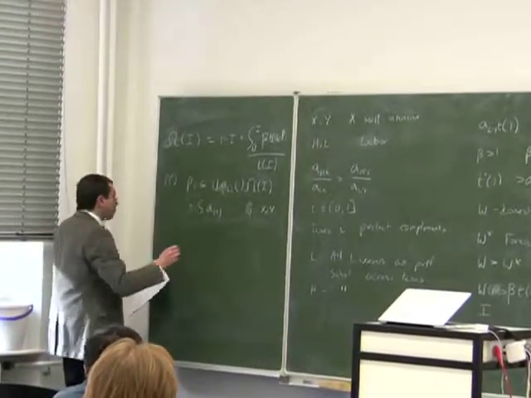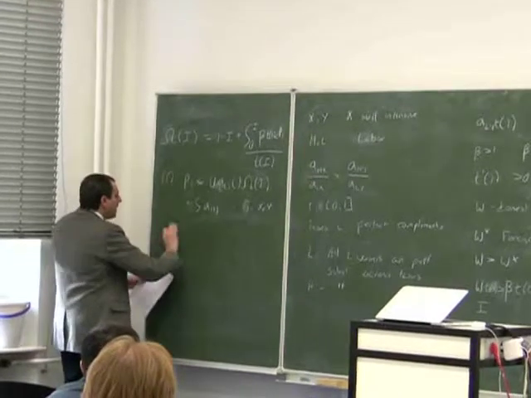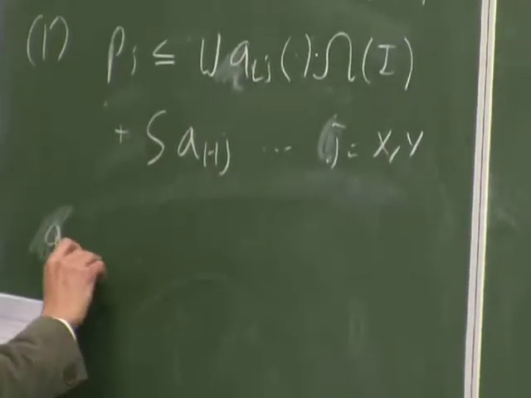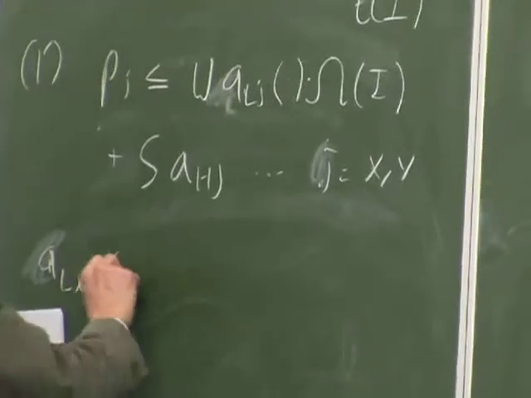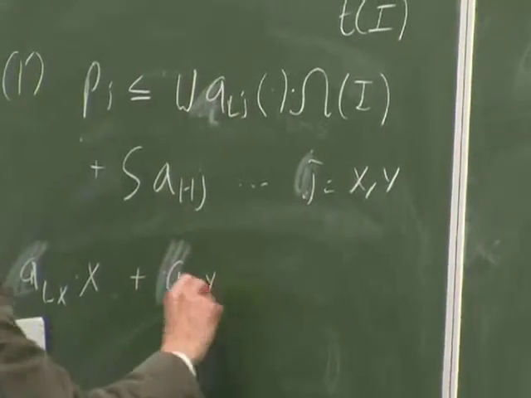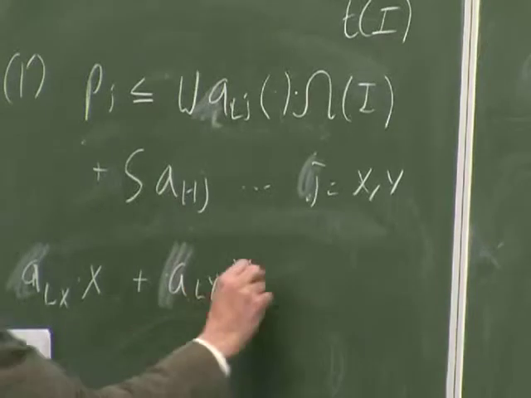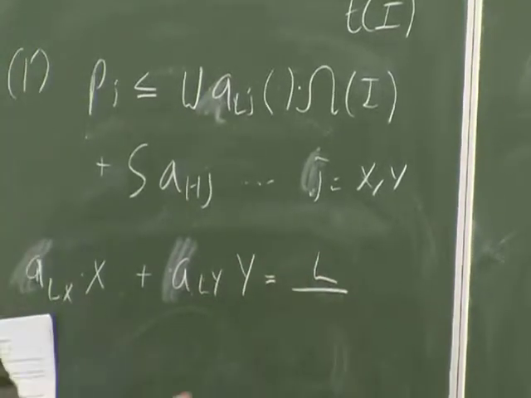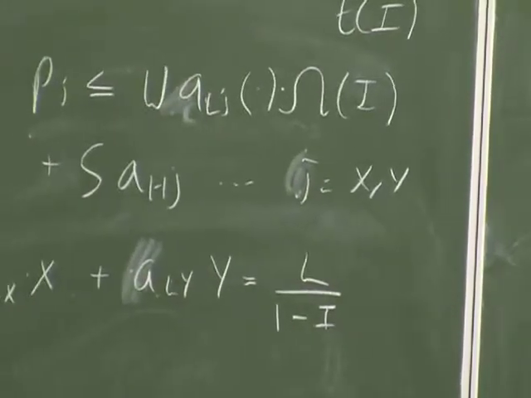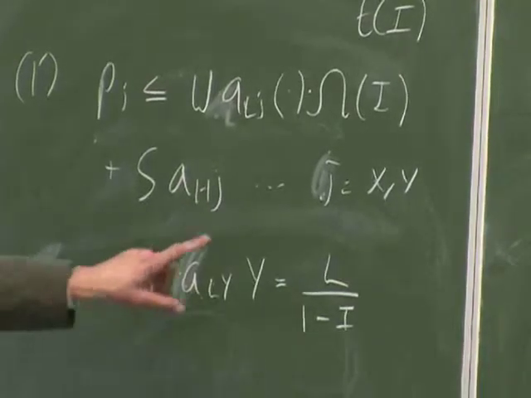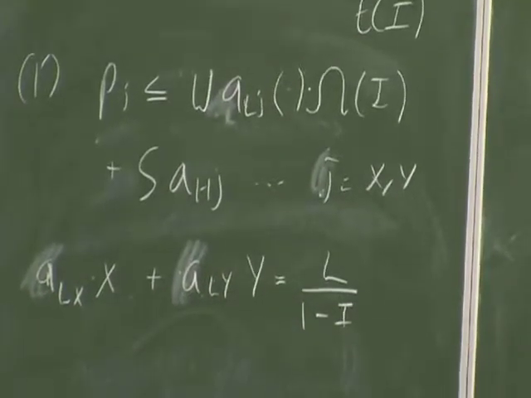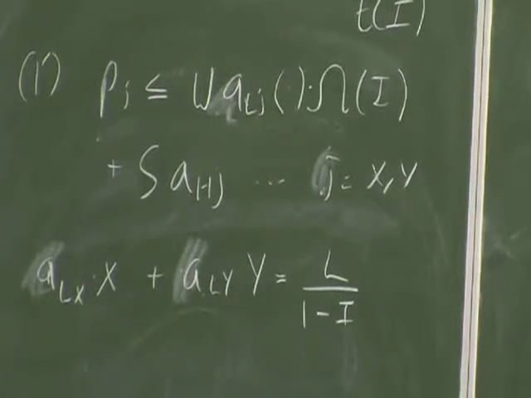But one thing we know for sure, for market clearing, is that A times LXX plus A times LYY is going to be equal to L over 1 minus I. In other words, the total amount of domestic low-skilled labor used in the X and Y sectors must come to the initial endowment scaled up by the amount of labor that we've freed by offshoring.